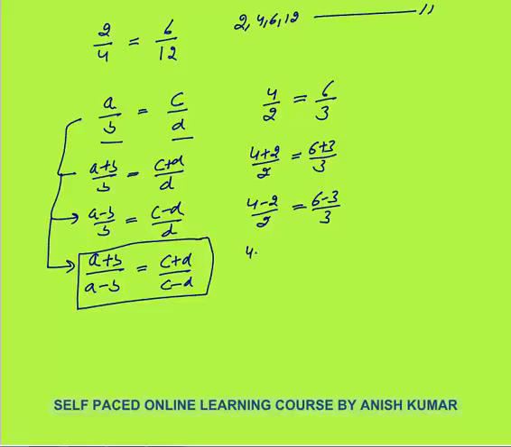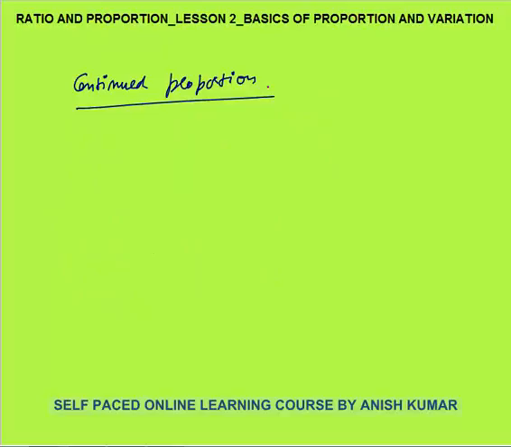Now can I say that 4 plus 2 upon 4 minus 2 is equal to 6 plus 3 upon 6 minus 3? Are they equal? Yes. This is 6 by 2, 3. This is 9 by 3, 3. Both are equal. So very important, if A by B is equal to C by D, then you can always say that A plus B upon A minus B will always be equal to C plus D upon C minus D.